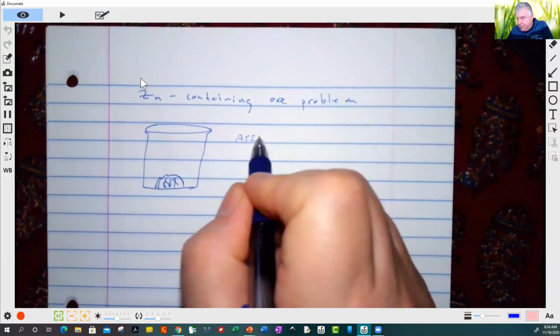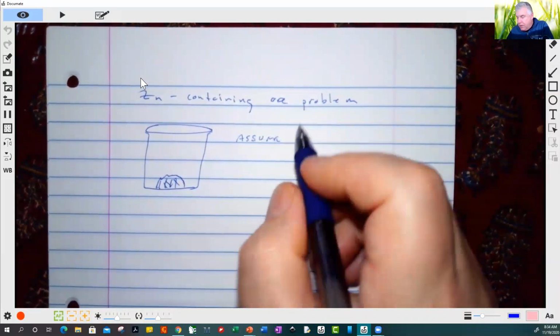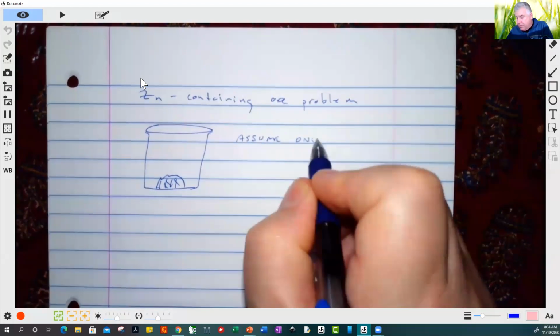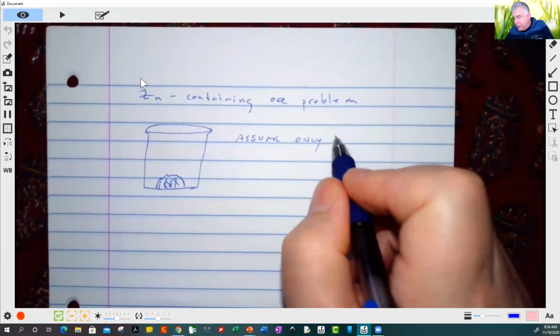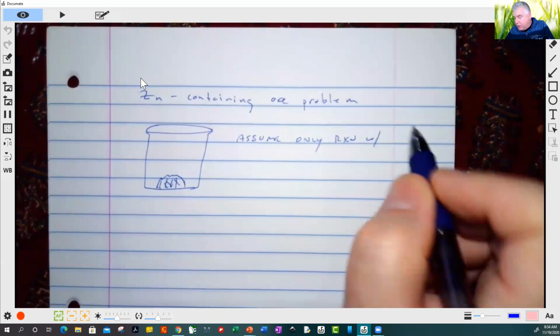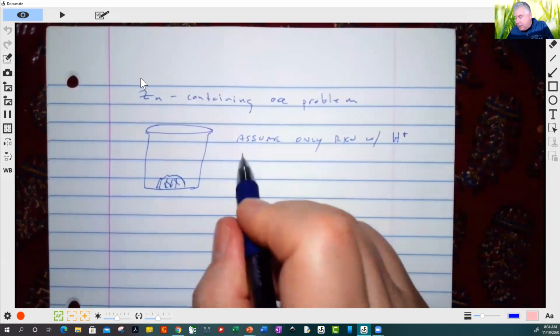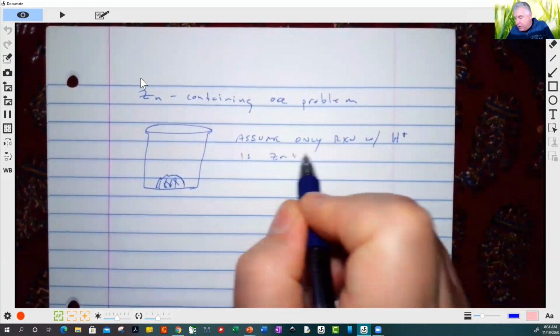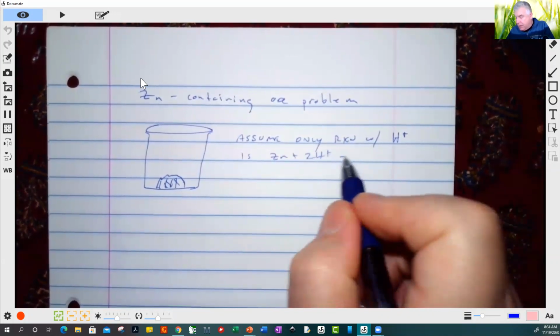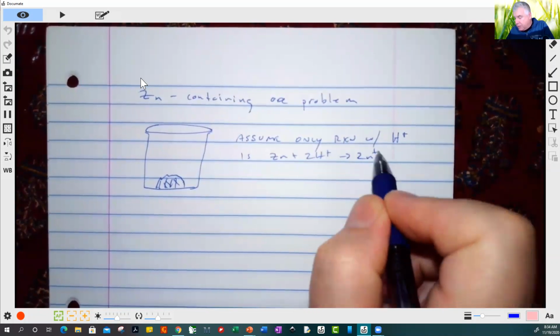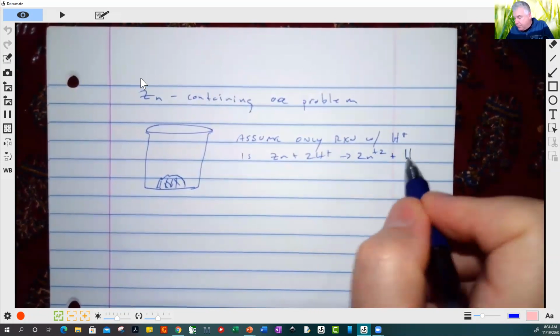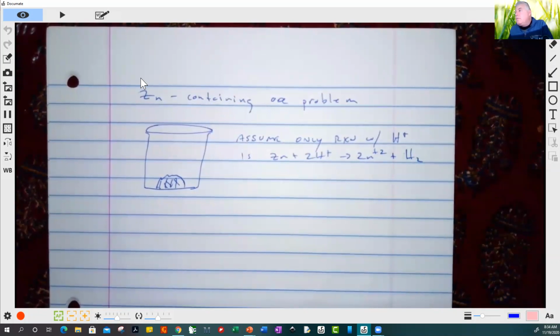Let's assume that the only reaction with H plus that consumes H plus is zinc plus 2H plus makes zinc 2 plus and H2. Right, so zinc is going to react with HCl and make zinc 2 plus and H2.